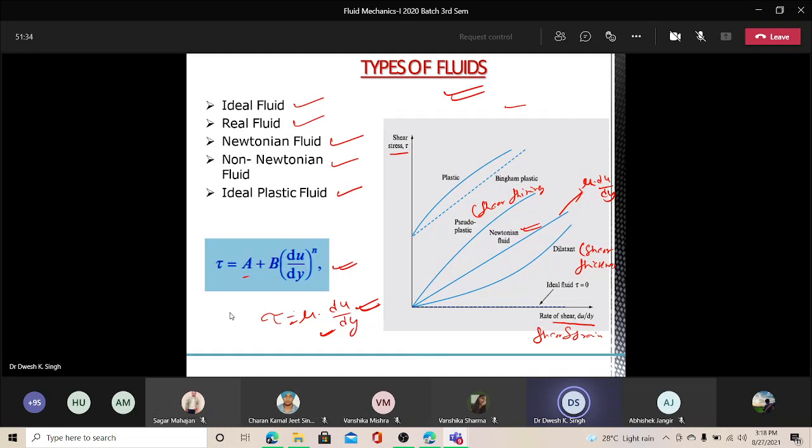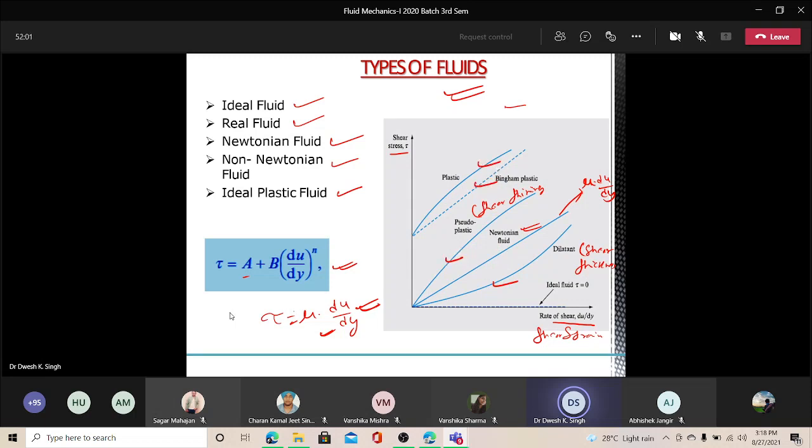That gives the criteria to define the class of fluids, whether it is Newtonian, non-Newtonian, ideal plastic, or ideal fluid.